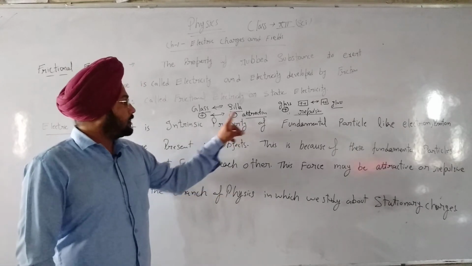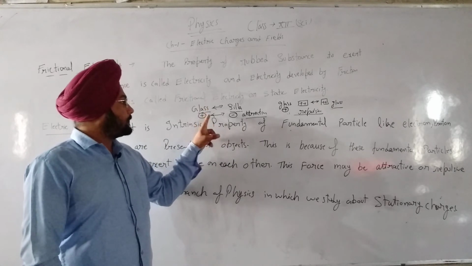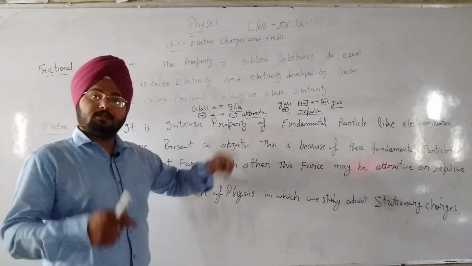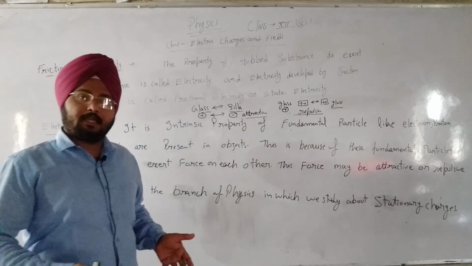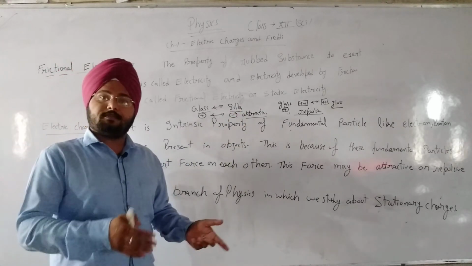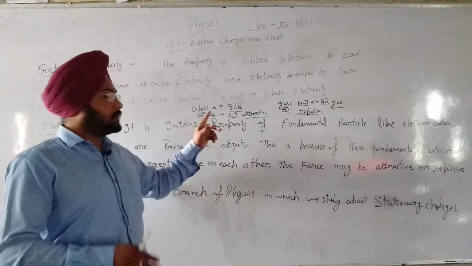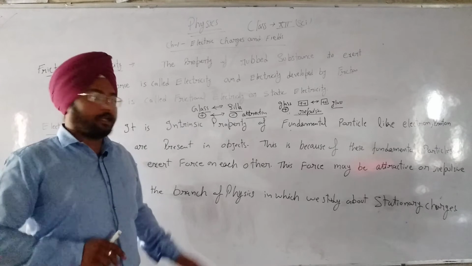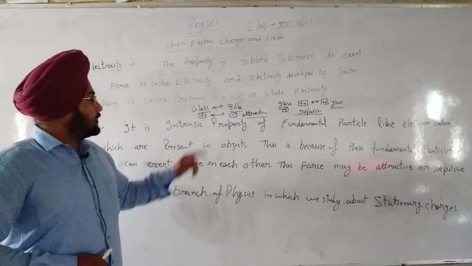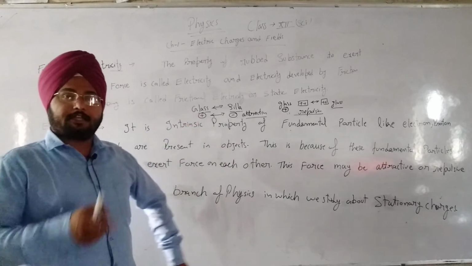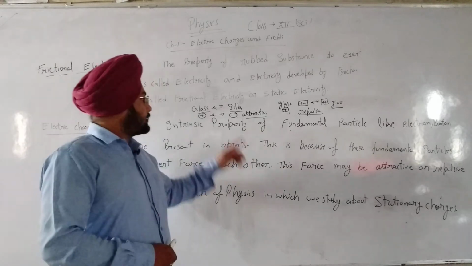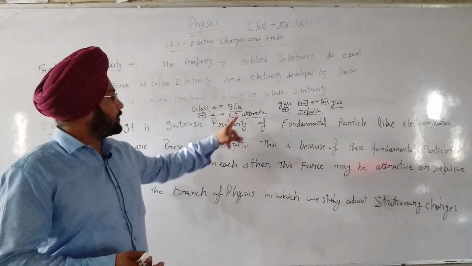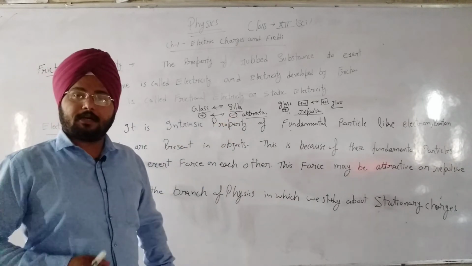Electrons are transferred from glass to silk. So जिसके पास ज्यादा इलेक्ट्रॉन आ जाएंगे वो नेगेटिव हो जाएगा. And the object which has a deficiency of electrons will become positive. So glass becomes positive because it has a deficiency of electrons, but silk becomes negative. Why?